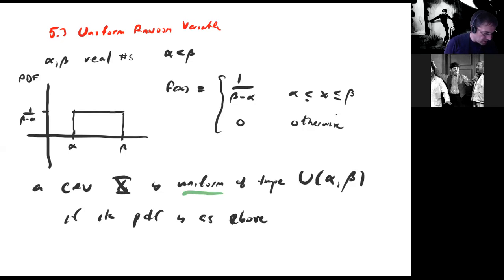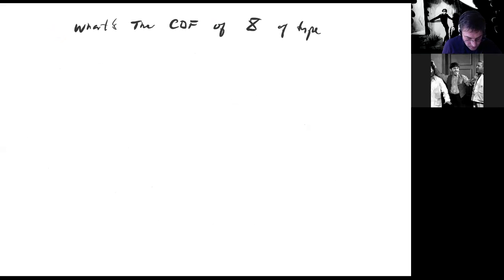So that's the definition. And what I'd like to do is compute, first of all, the cumulative distribution function of this random variable. Okay, so what's the CDF of x of type U alpha beta? That's the first question.